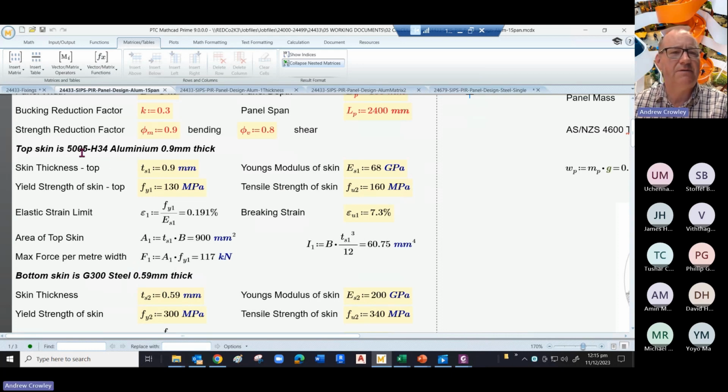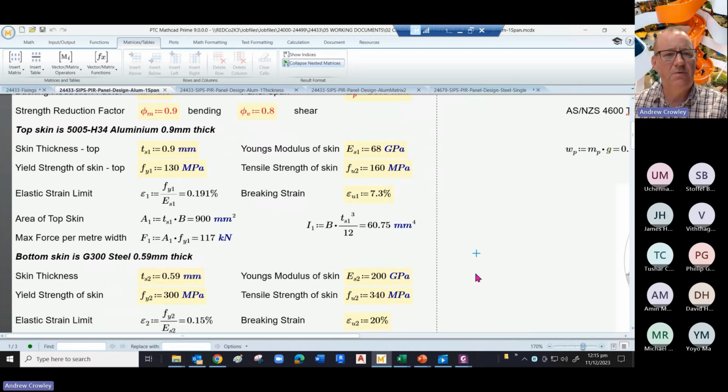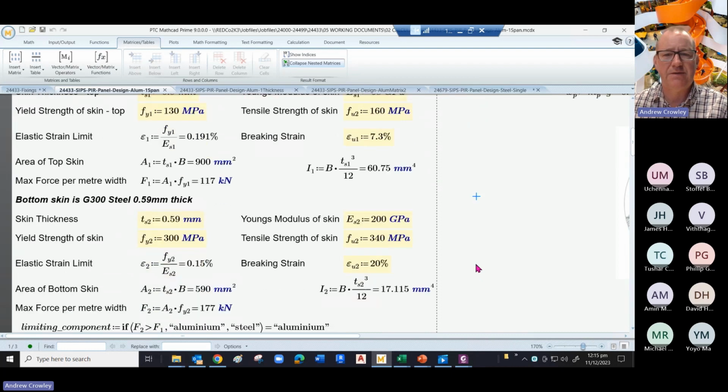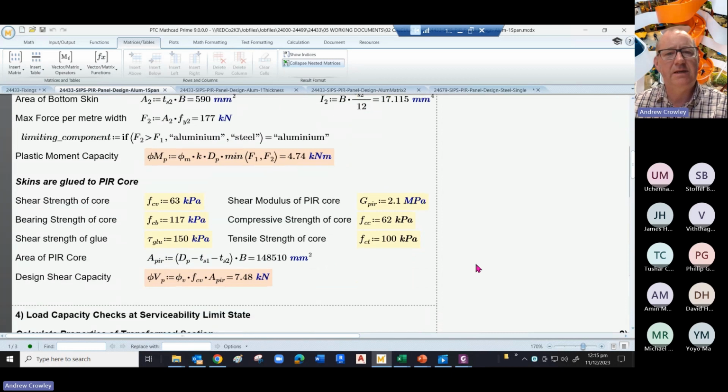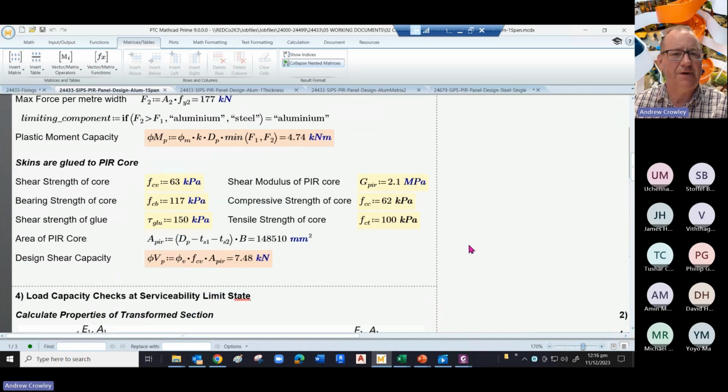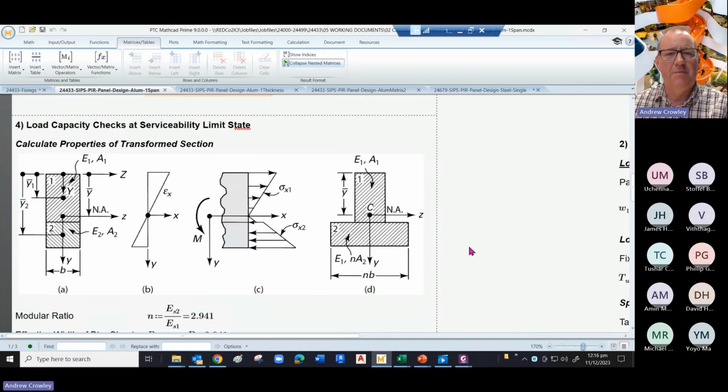This 5005 H35. It's a typical grade of aluminium used in sheeting. So the yield strength is only 130 MPa, and its ultimate tensile strength is 160. So we put our design parameters as we've done before for these panels, which you may have noticed in part 2 of this series of 5.